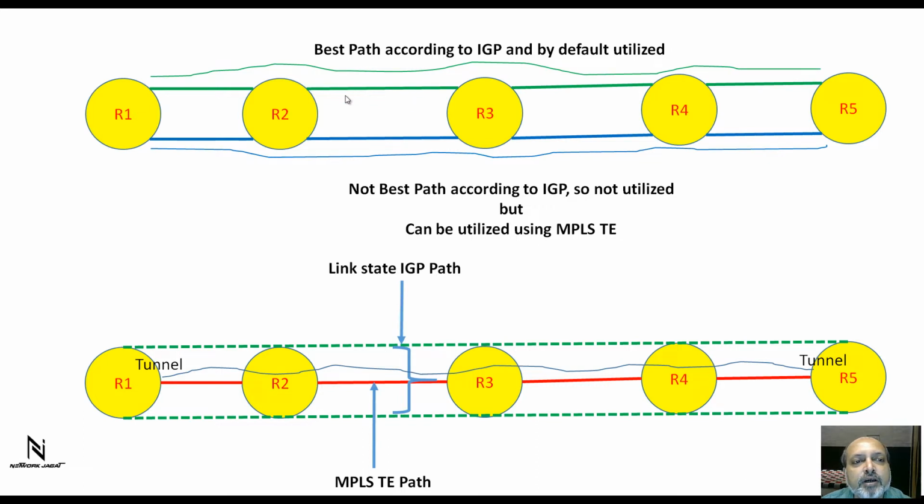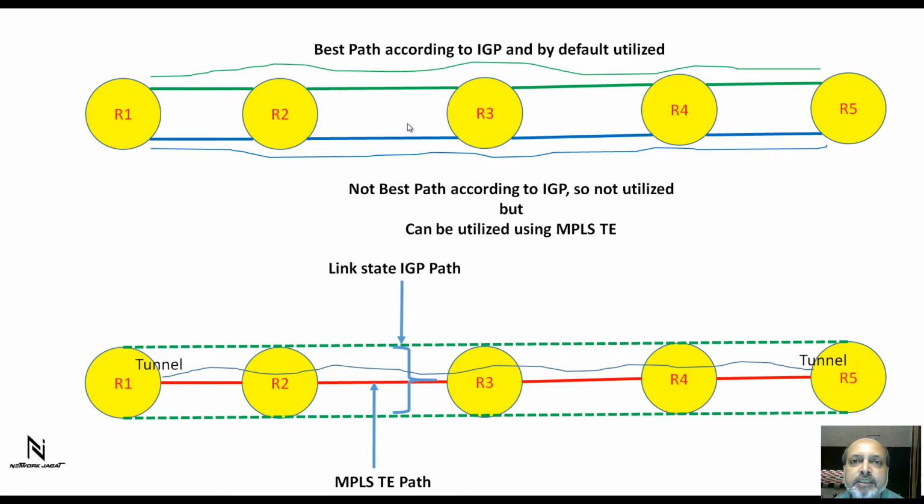So there may be paths which are the best path and which are not so best. And if you are not going by static route configuration, if you are going for routing protocols, we will see that routing protocols have their own logic to select the best path, and we cannot manipulate that logic if we stick to the defaults.